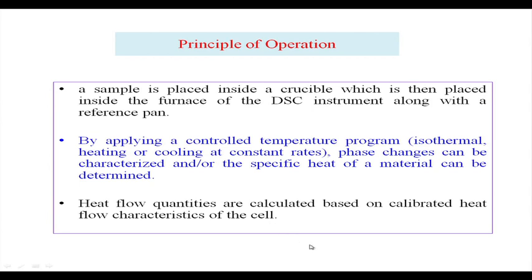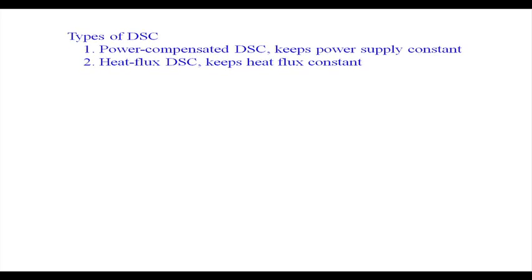The cell is your furnace, and we can monitor how the temperature goes up, and how the sample temperature goes up with that particular furnace temperature. So, we can have different types of DSC, and one such is the power compensated DSC.